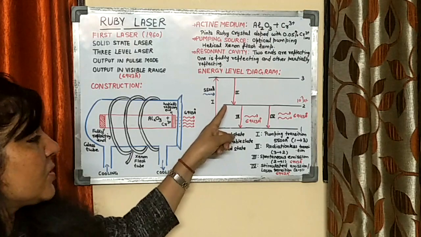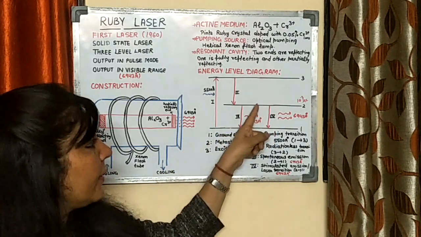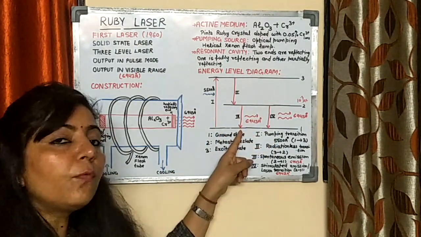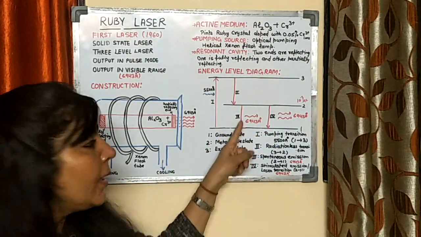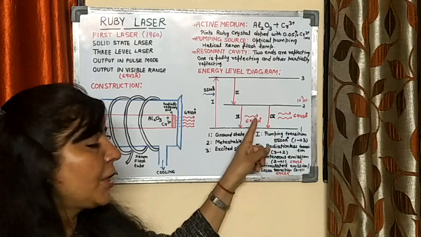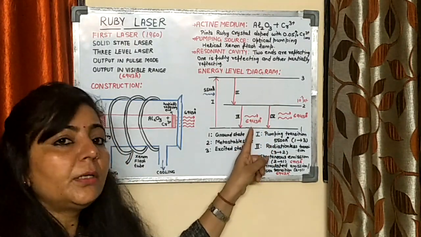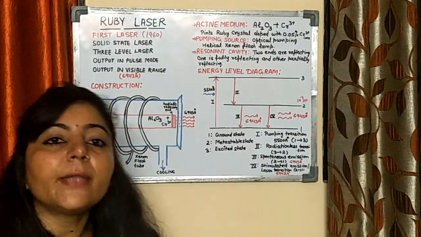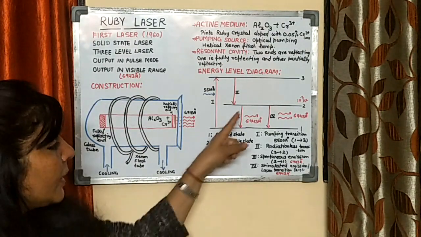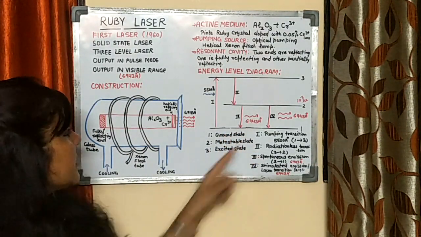Now the chromium ions which complete their lifetime here will automatically come down to 1. When they come down to state 1, they will emit photons of extra energy. And the photons emitted here have the wavelength 6943 angstrom. These photons are released due to spontaneous emission.